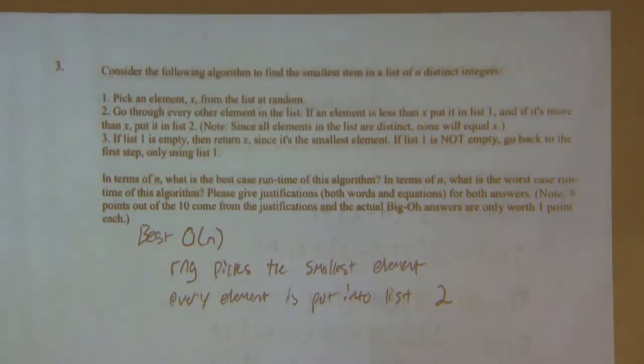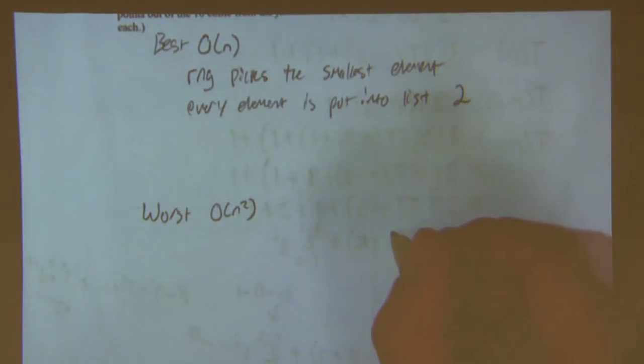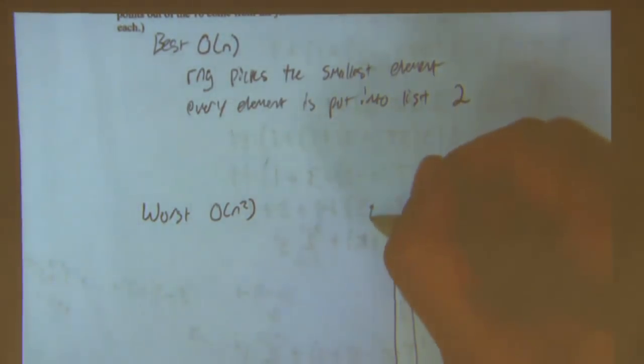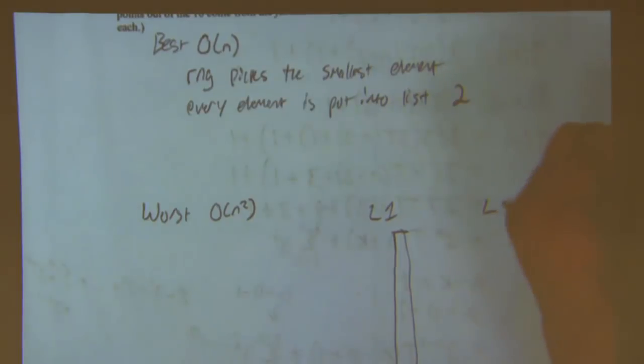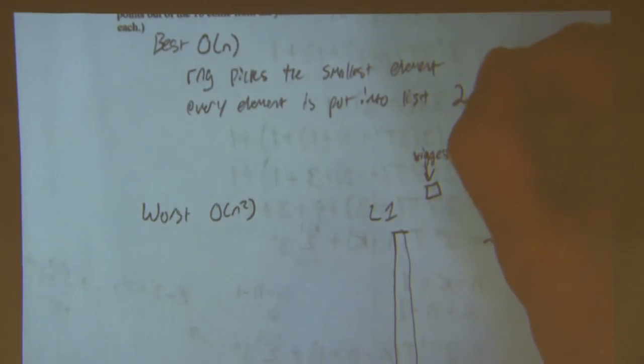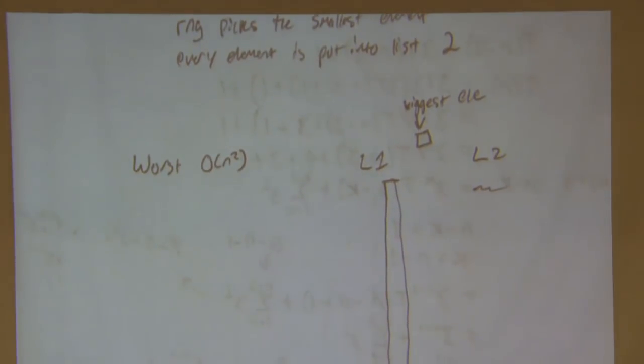If we assume that we pick the largest element in the list, we end up with a list 1 that's really, really long, and then a list 2 that's just completely empty, right? There's nothing there. And then we have what we now found out is the biggest element, and then we run it again on list 1.